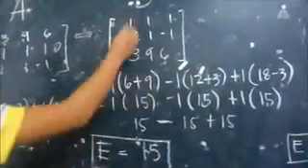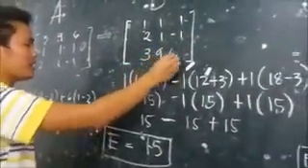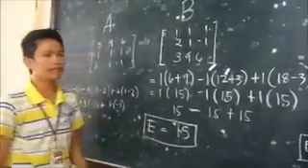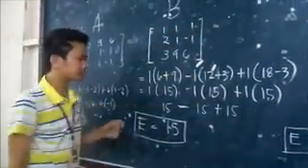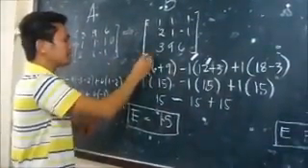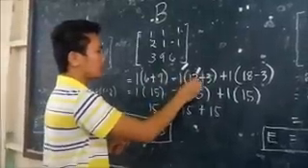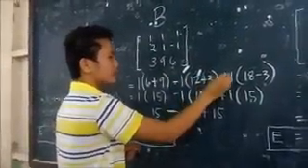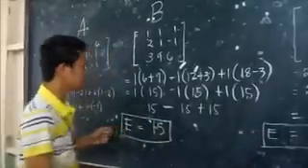In our second pattern, we have the set of matrix 1, 1, 1, 2, 1, negative 1, 3, 9, 6. Our principal minor are 1, 1, 1. 1 times 6 plus 9, minus 1 times 12 plus 3, plus 1 times positive 18 minus 3.